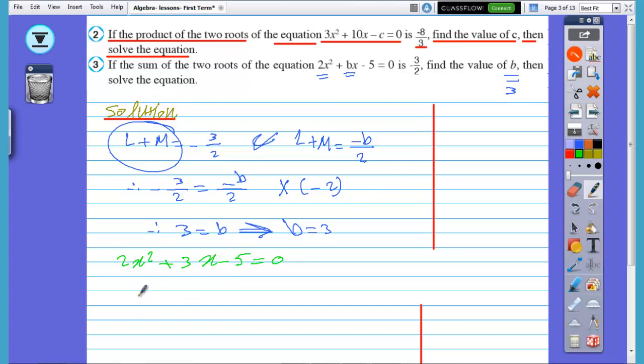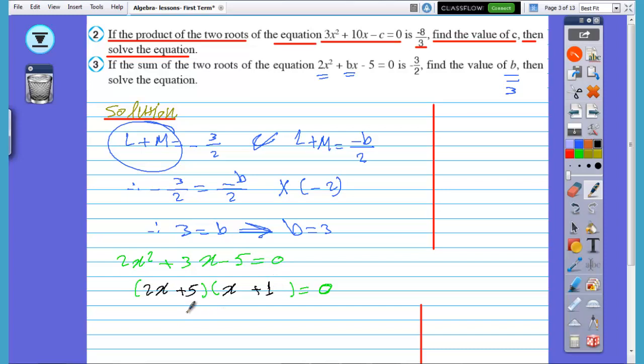We can solve the equation as follows, by factorizing the left hand side into two factors, the product of two factors. Here we have 2x squared, it is 2x multiply x, and negative 5 is positive 5 multiply 1.